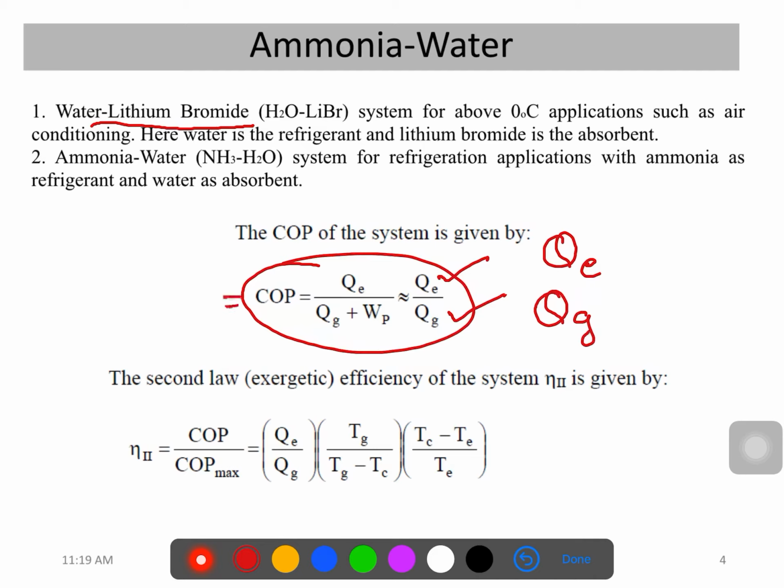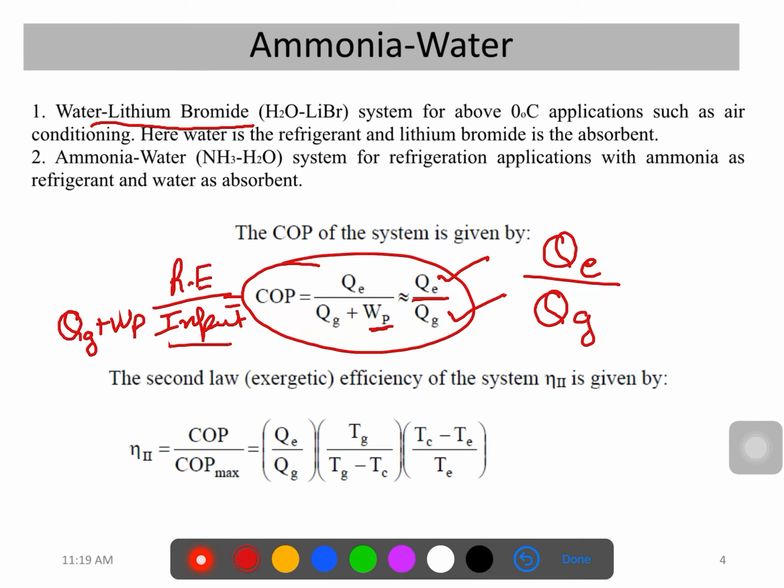COP should be refrigeration effect divided by input. The refrigeration effect is QE, and the input is the heat plus pump work, where WP is the pump work. If we ignore the pump work, then COP will be QE upon QG.